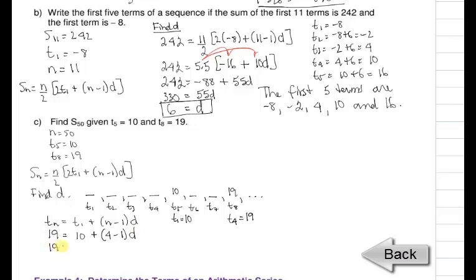So we're going to go 19 equals 10 plus 4 minus 1 is 3, so 3d. Bring the 10 over, it becomes negative. 19 minus 10 is 9. Divide both sides by 3, and you get that d is equal to 3. So now we know d equals 3.